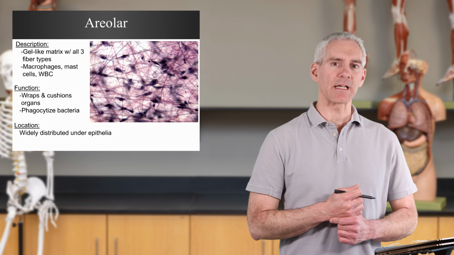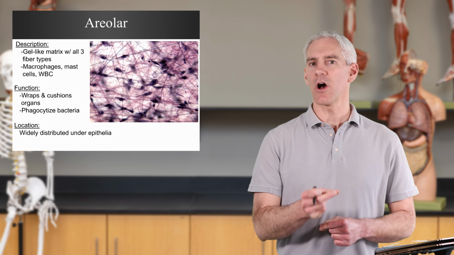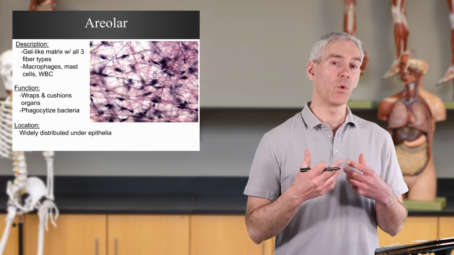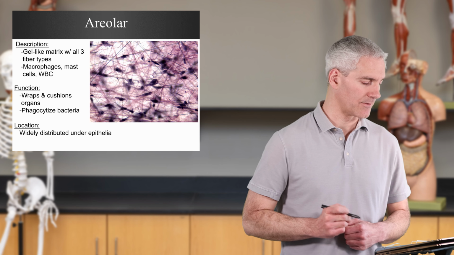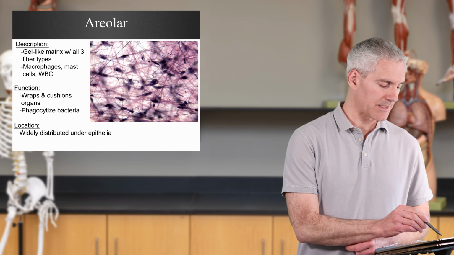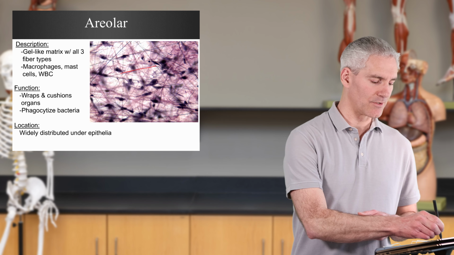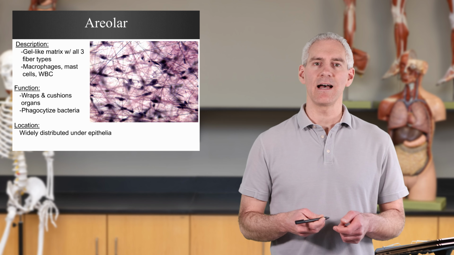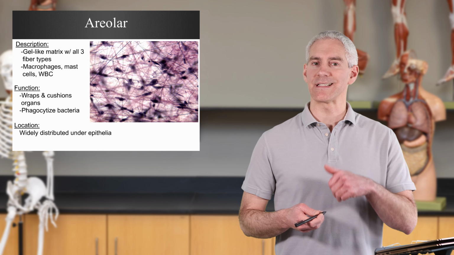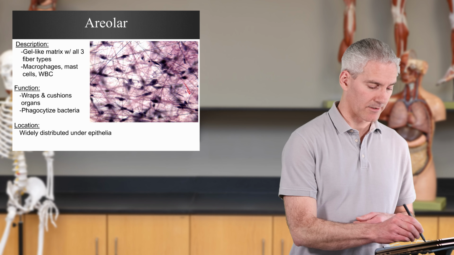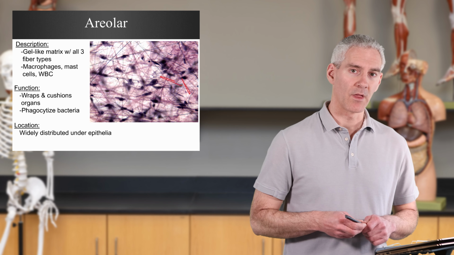Now in areolar connective tissue, we'll see all 3 fiber types visible. We'll have the very thick and strong collagen fibers. You can see there's a nice thick one right here. That is going to be the thick collagen fiber. We then have the thinner reticular fibers, still made of collagen, but thinner. There's one over here, for example, one running here.